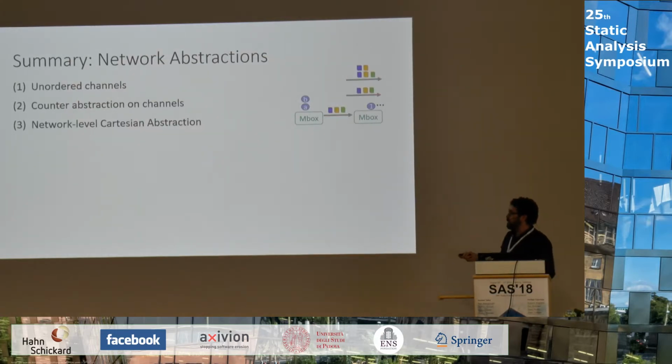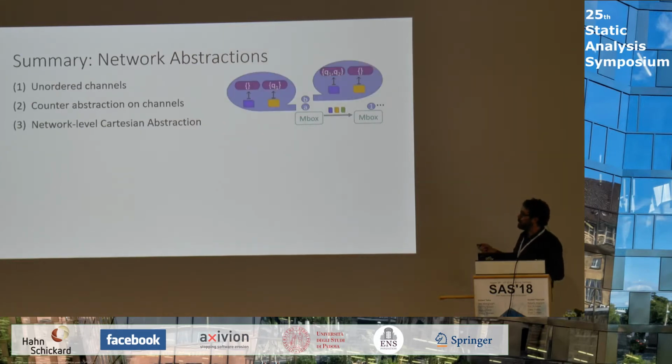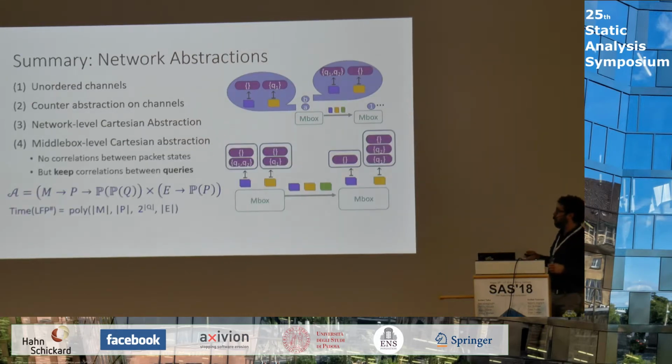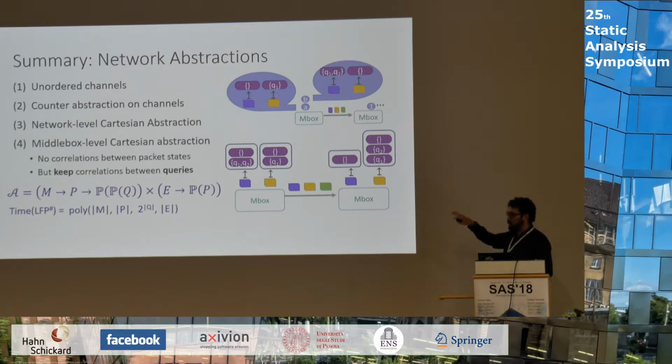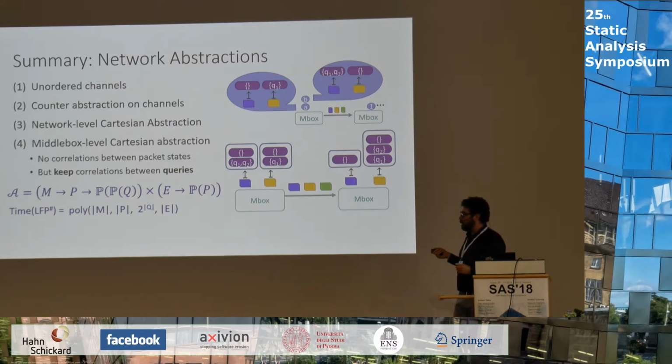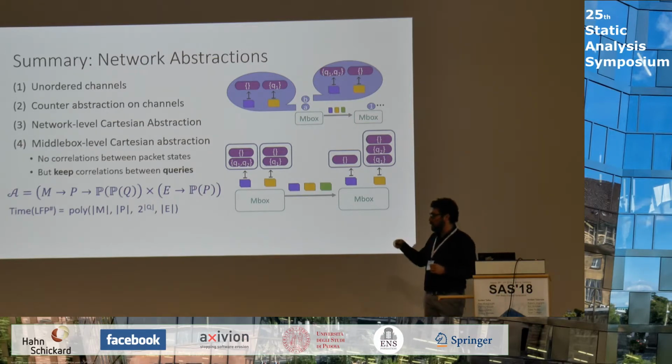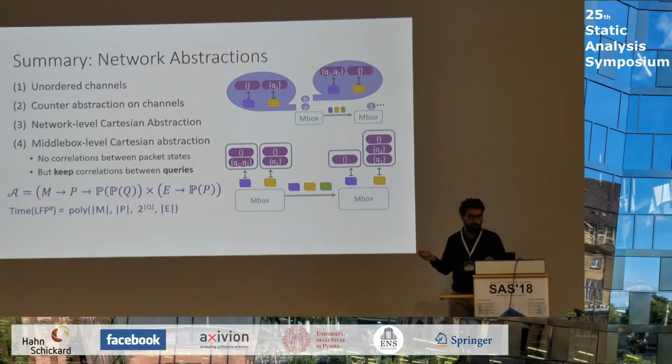So what have we had so far? We had the unordered and the counter and the network level Cartesian abstraction. And once we add the middle box level Cartesian abstraction, breaking apart the correlations between the packets, we are now polynomial in the number of middle boxes, packets, and channels as before, but we're no longer exponential in the number of hosts in the network.